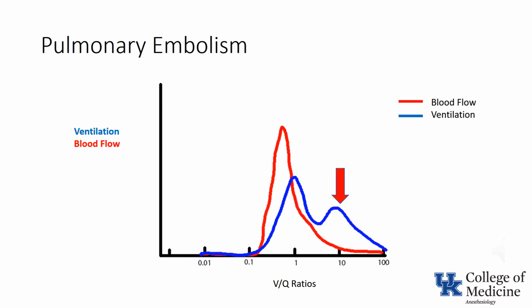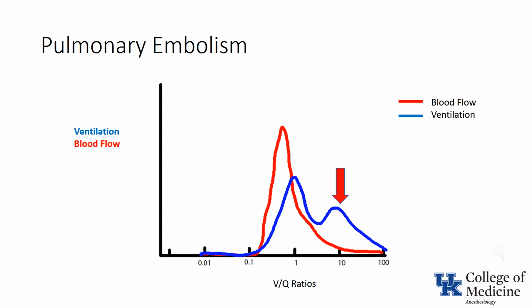The final graph displays VQ ratios in the conditions of a relatively small pulmonary embolism. The most obvious change on this graph is the dramatic increase in the areas with very high VQ ratios. If there had been a larger pulmonary embolism that had completely occluded one of the pulmonary arteries, there would have been a significant number of lung units that had an infinite VQ ratio.